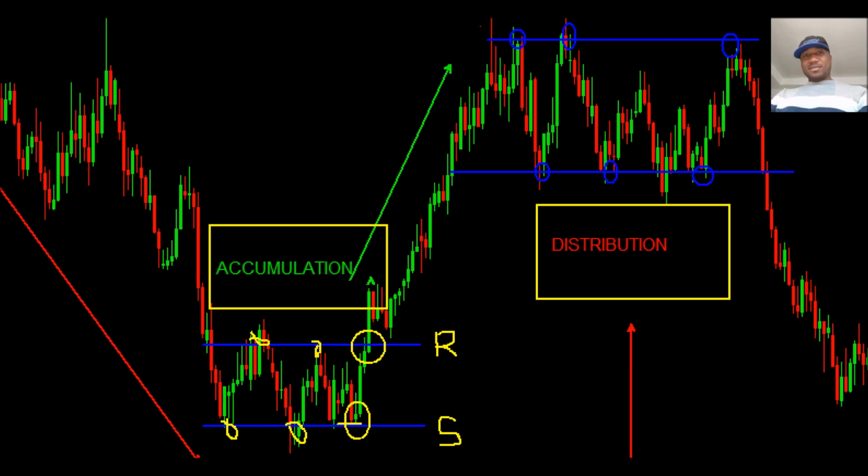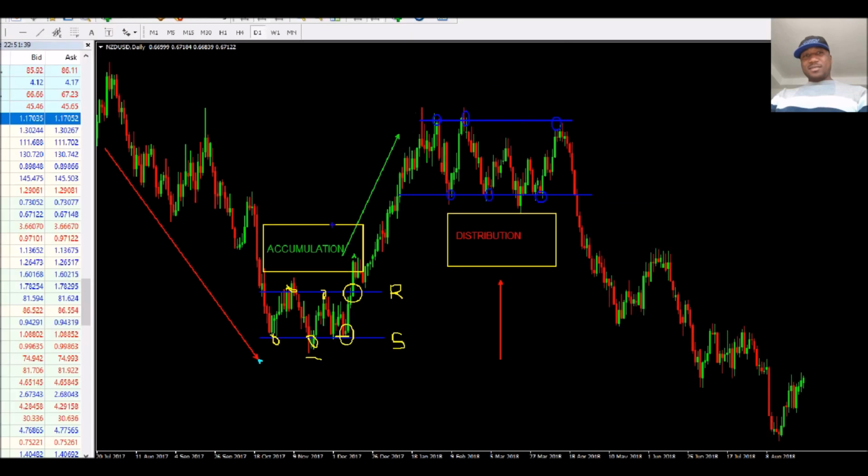Because we have tops and we have bottoms, right? So with the tops and the bottoms, we already know that here in the first phase of the distribution phase, the market is on the uptrend, and now we have identified resistance and support, right?